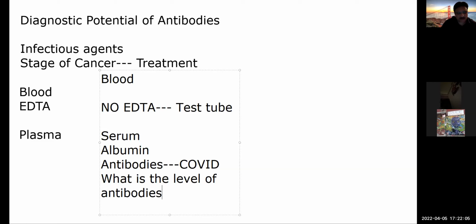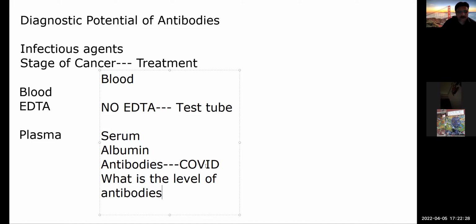So we want to check whether I have antibodies to COVID-19. Why am I doing this? To see whether I was infected in the past or not. If yes, what is the level of my antibodies? Is it strong, is it low, or have the antibodies disappeared?